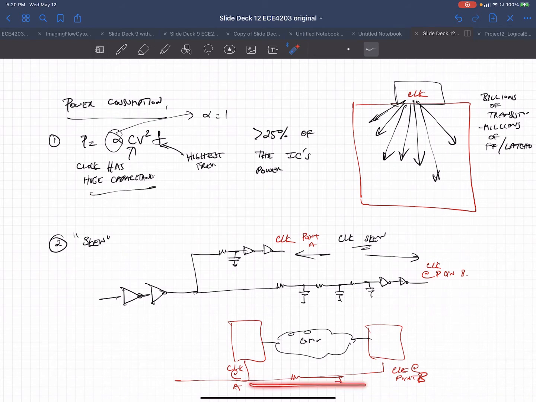So you have to make sure you account for this potential delay between the real clocks going to these nodes. And this difference is called the skew.